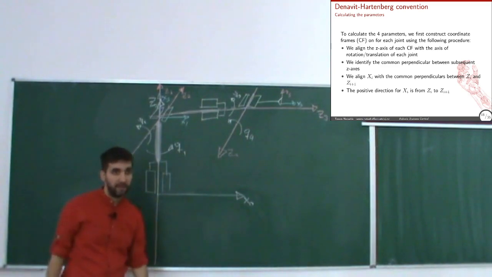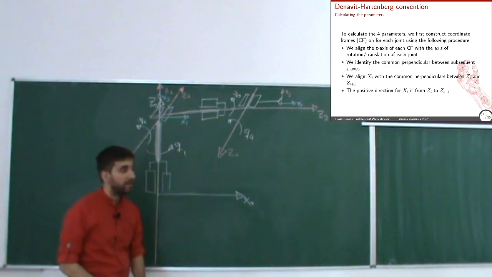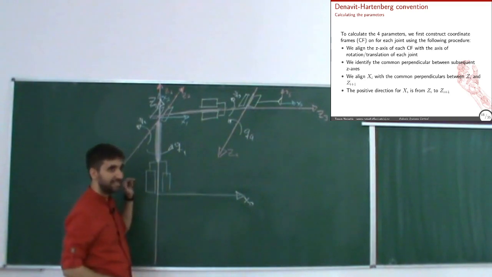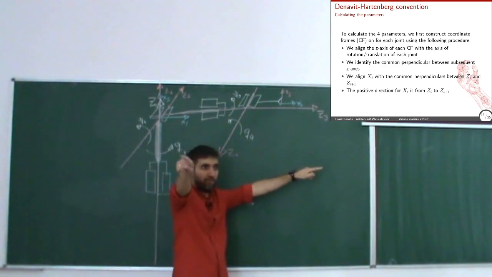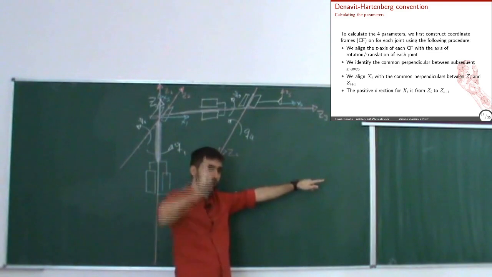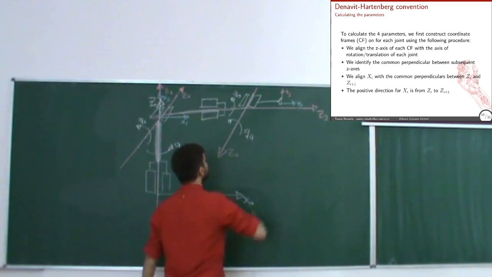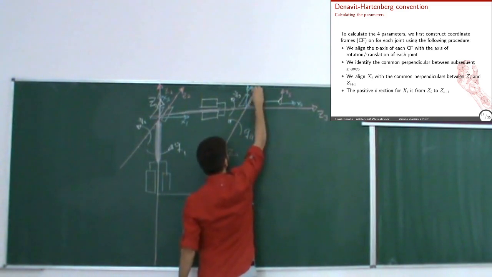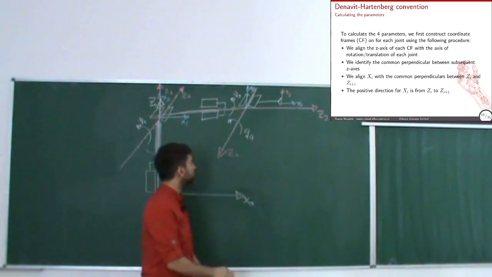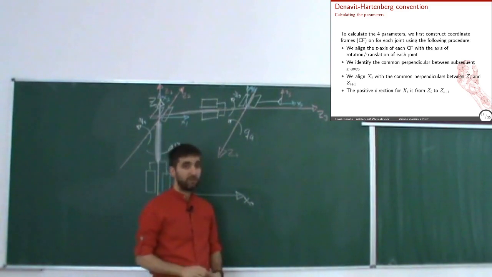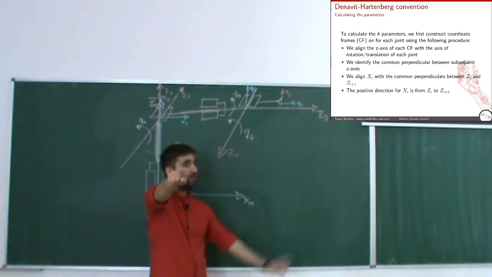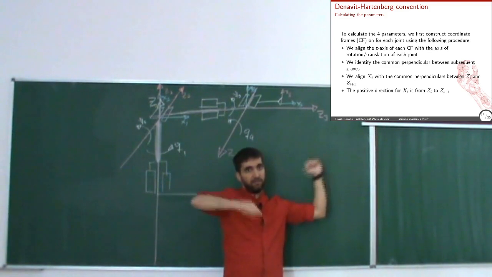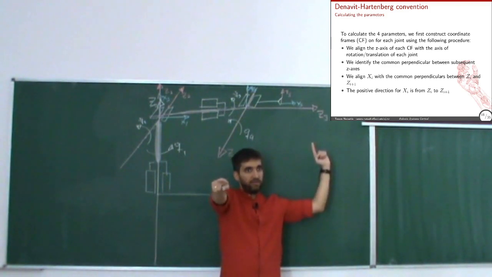Next, X3 is perpendicular to Z3, Z4, pointing upwards. Same thing. Then X4 is perpendicular to Z4 and Z5.